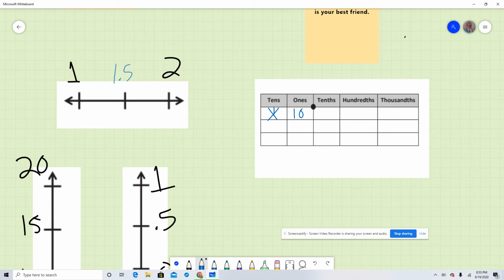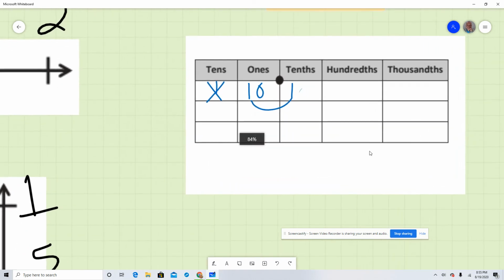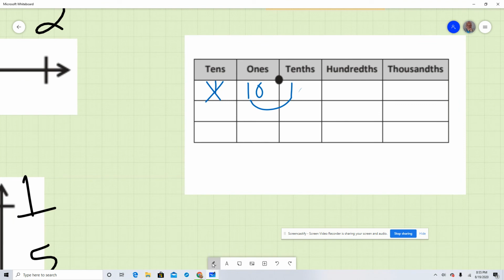What if you want to make 10 ones into tenths? That will be 100 tenths. Let me erase that and do it correctly. So how many tenths will 10 ones create? 100 tenths, right?